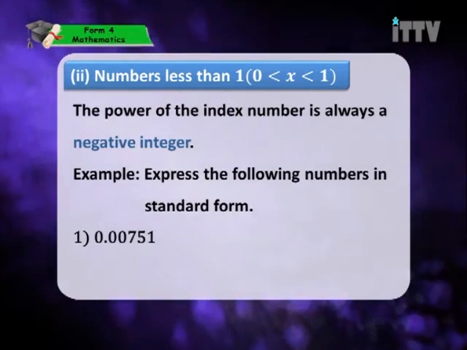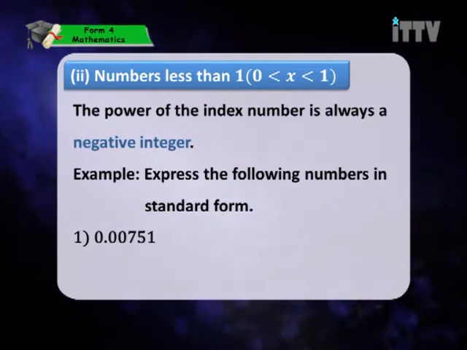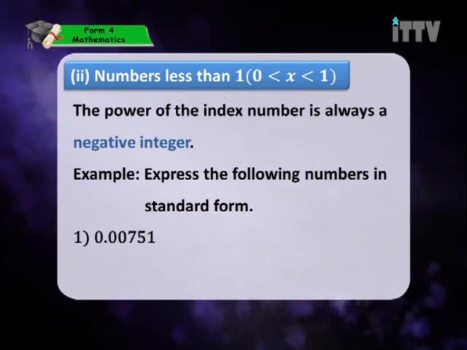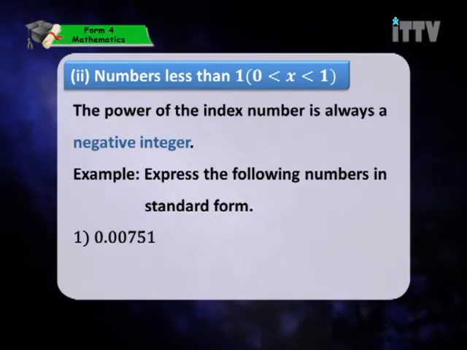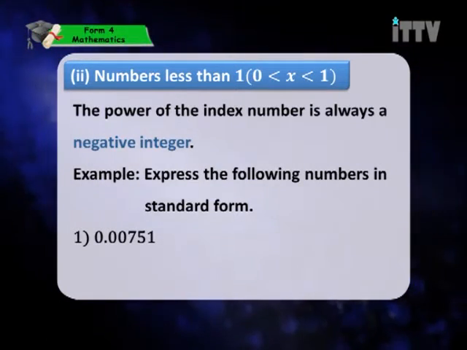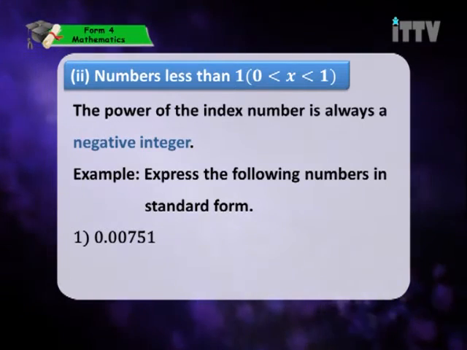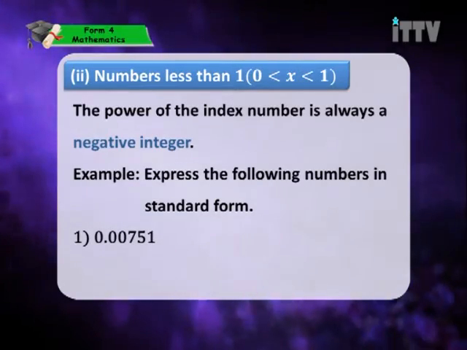The power of the index number is always a negative integer. For example, express the following numbers in standard form. Alright, look at the first number, 0.00751. And now just look at the solution on the board.